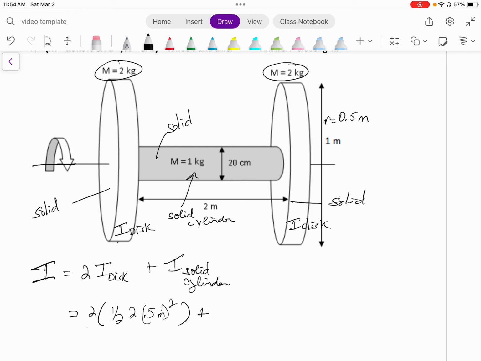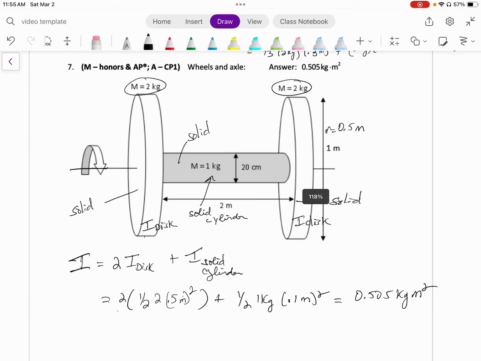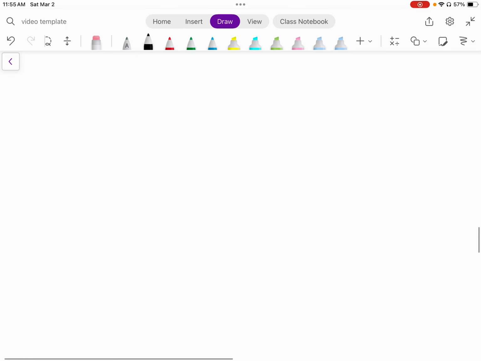And then the solid cylinder happens to be 1/2 the mass, which is 1 kilogram, times its radius, which is 0.1 meter squared. And if you plug that into your calculator and add it up, we get 0.505 kilogram meters squared.